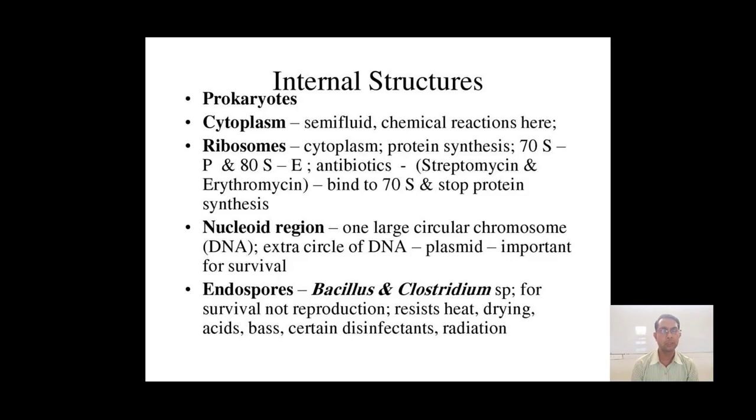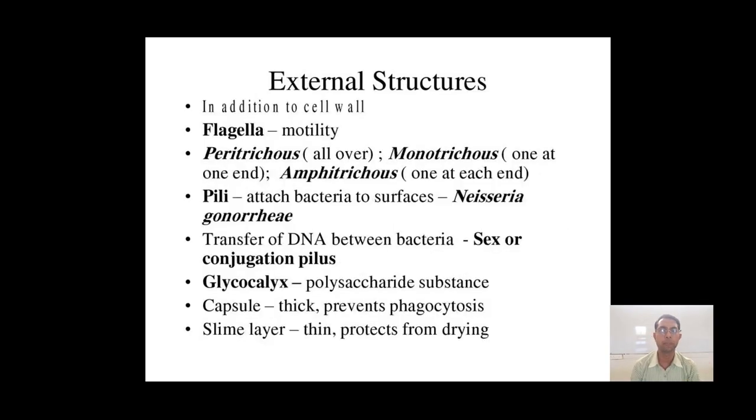One large circular chromosome, or an extra circle of DNA called a plasmid, is also present in the prokaryotic cell. There is also endospore production, for example in Bacillus and Clostridium species. These endospores are useful for the survival of the organism.